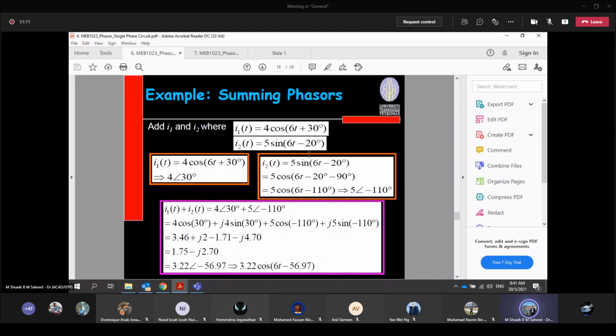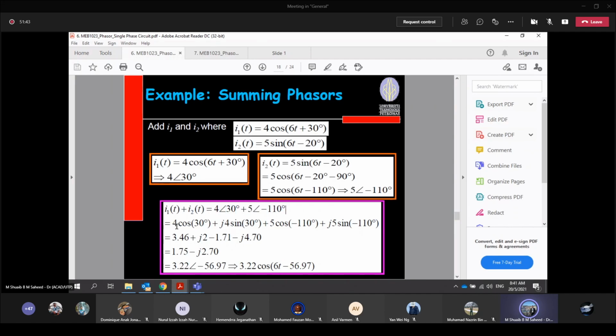Now you have done this, you also need to check a very important thing. Is the angular frequency the same? If you look at it, 60, 60. That's good enough. They are the same, so now you can proceed to add. To do the addition, it is good to express the values in the rectangular form.